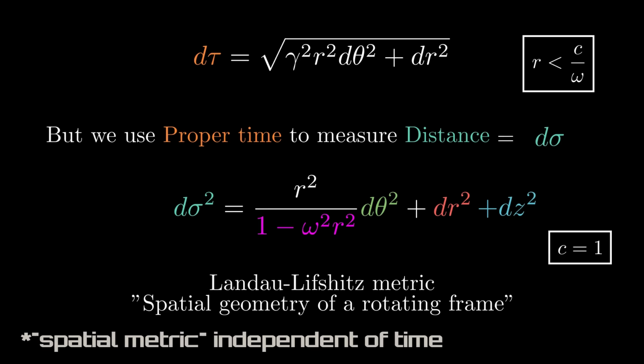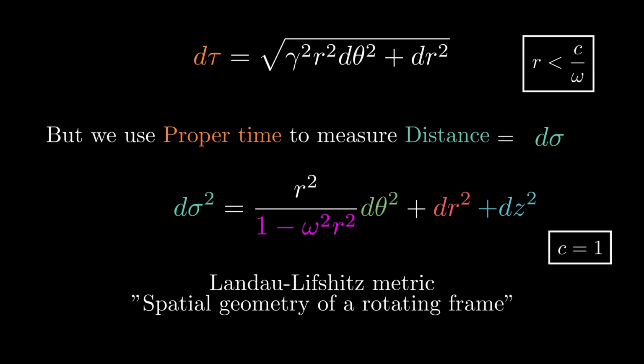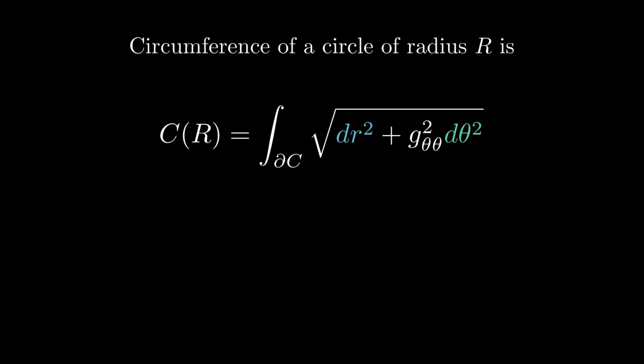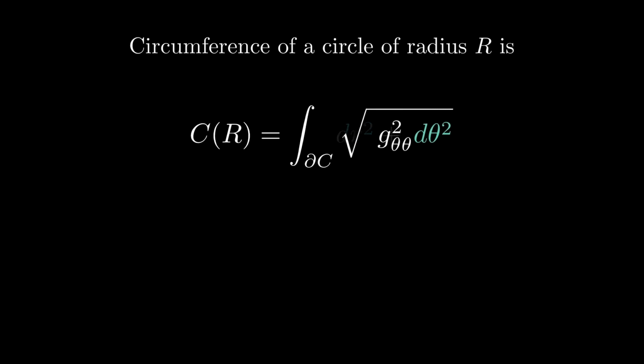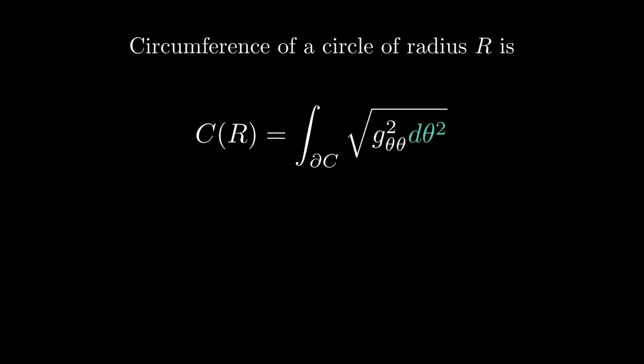Reference in the description. Let us immediately test our new metric by calculating the distance around a circle of radius r. We parameterize a circular path c by the angle theta. Along the path, the radial coordinate is constant, so radial differential element drops.